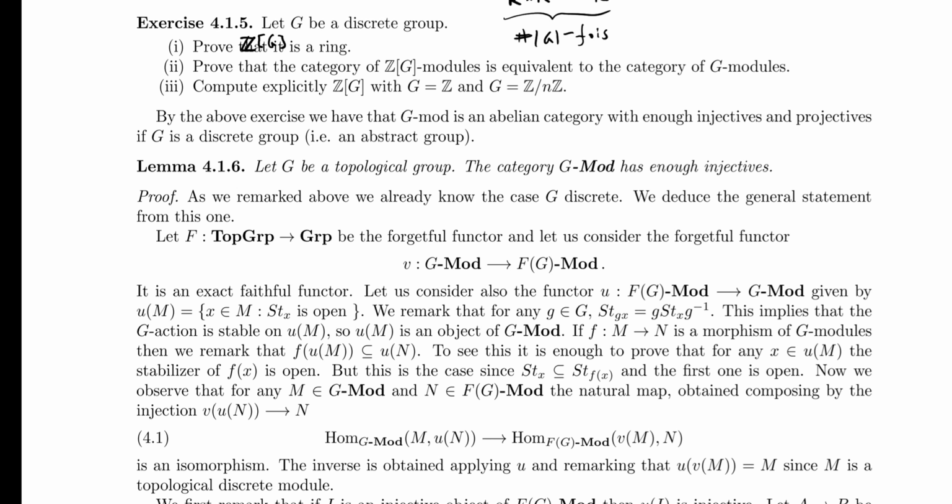So you want to say these categories are equivalent, you have to construct a functor. So the G-module is a ring, so it's the forgetful functor. A G-module has a discrete abelian group with a continuous action.